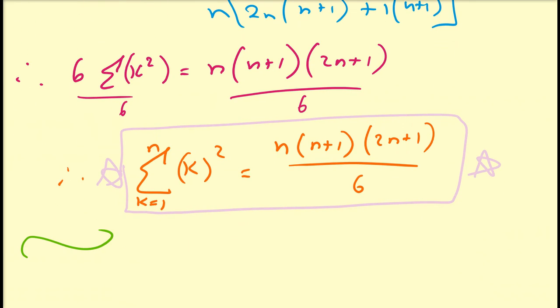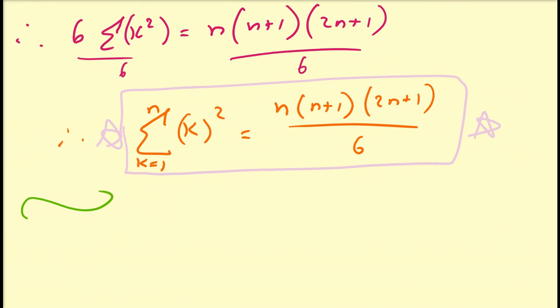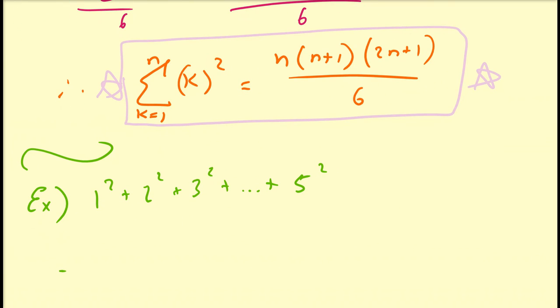To illustrate how this formula is executed, suppose I want to know 1 squared plus 2 squared plus 3 squared all the way up to, say, 7 squared. I don't want to go that high, so let's go to 5 squared. This you can probably do by hand, but I'm just going to illustrate it via the formula. So this is the sum from k equals 1 to 5 of k^2.